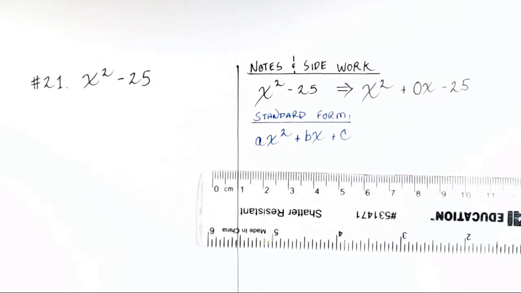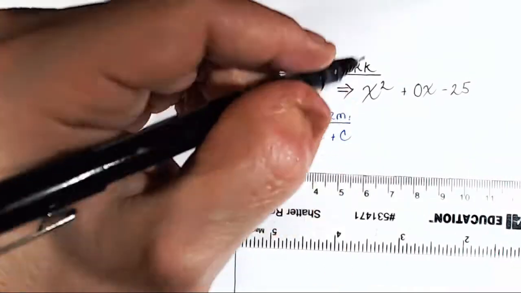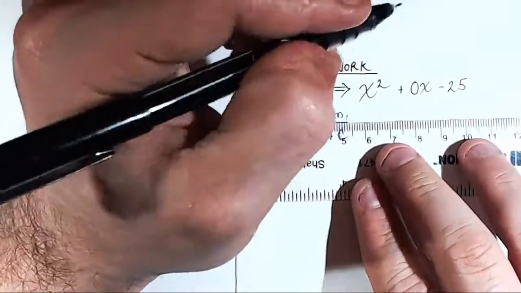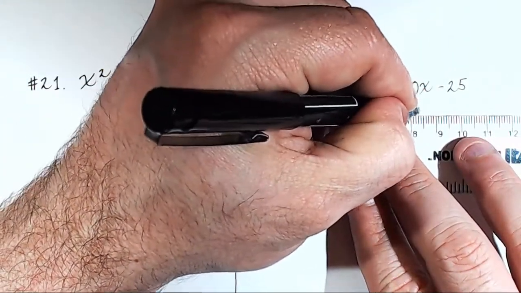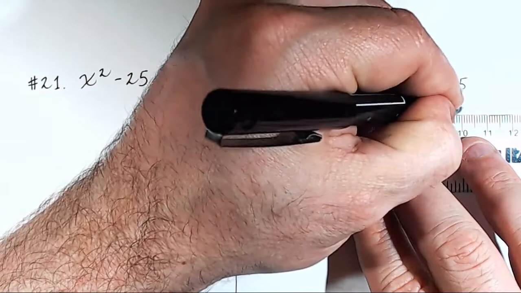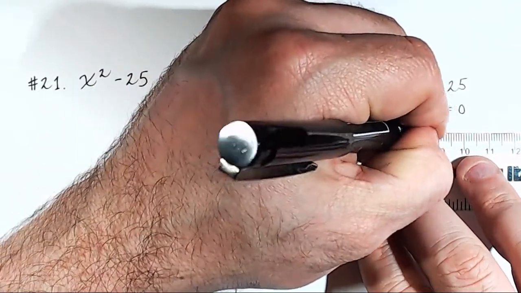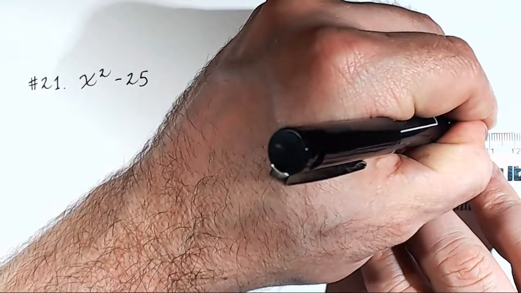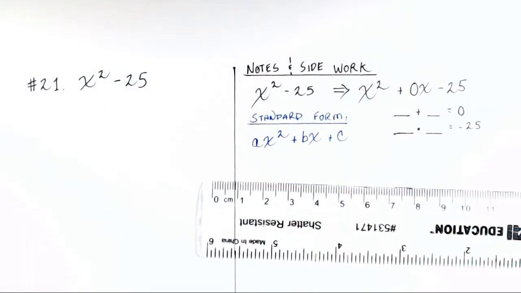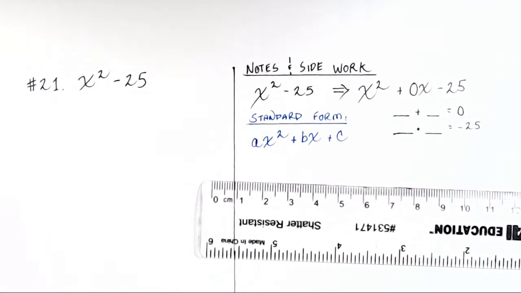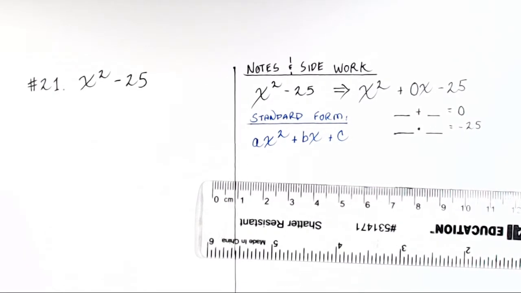So the question becomes, what two numbers can be added together to equal 0 and multiplied together to equal negative 25?